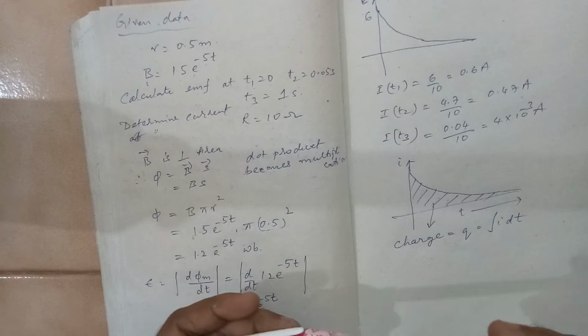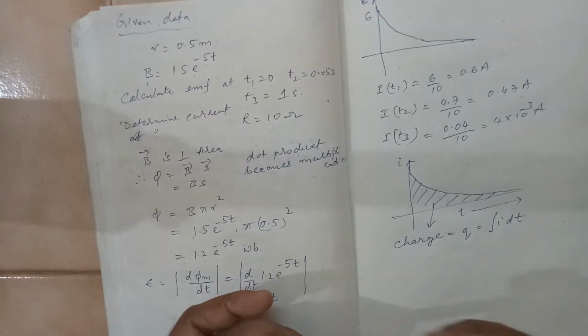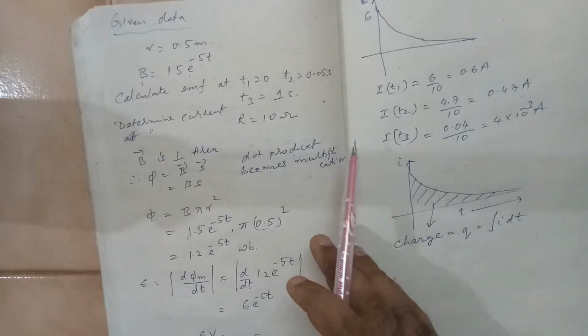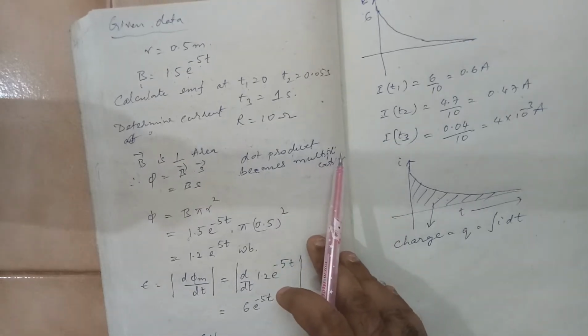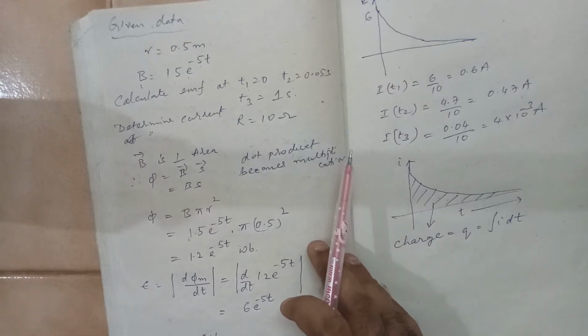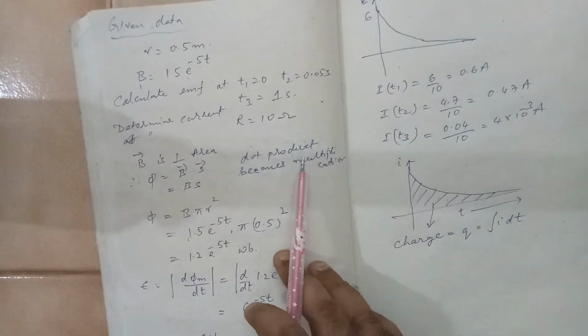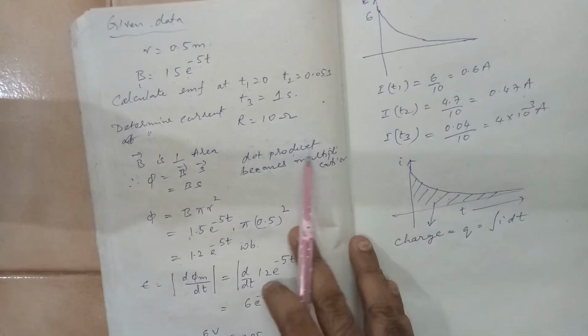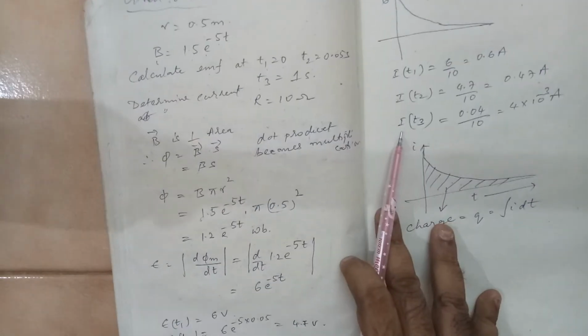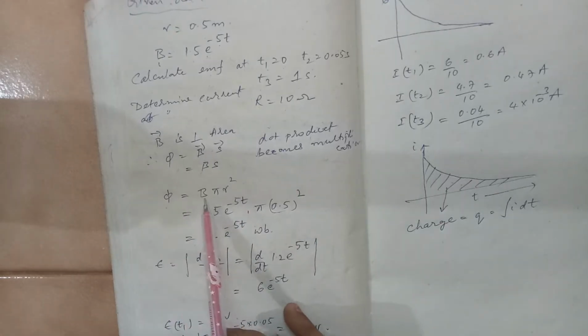Flux is equal to B vector dot S vector, S is the area vector. Remember, when B is perpendicular to the plane of the coil, this dot product becomes a simple multiplication. So phi is equal to B into area.